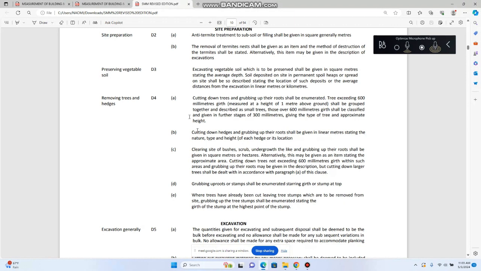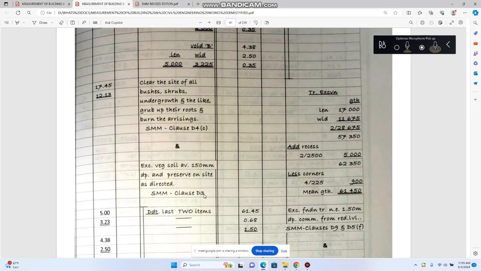Excavating vegetable soil to be preserved shall be given in square meters, stating the average depth. So this one is D3, clause D3. And in the description you're told to state the average depth.